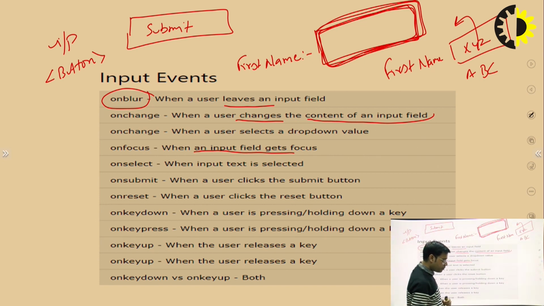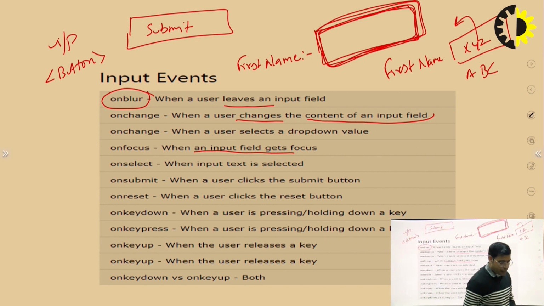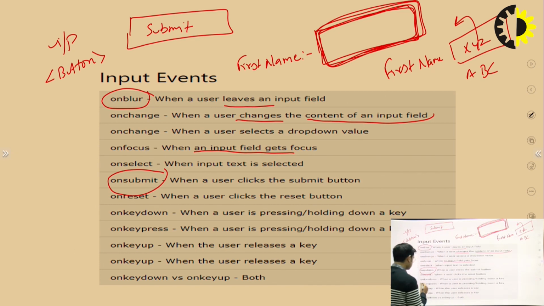So this submit button is created on your browser screen, and the on submit event applies to it, right? I'll demonstrate how these events are performed in VS Code later on.